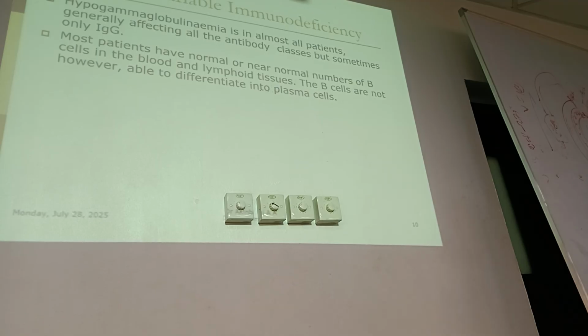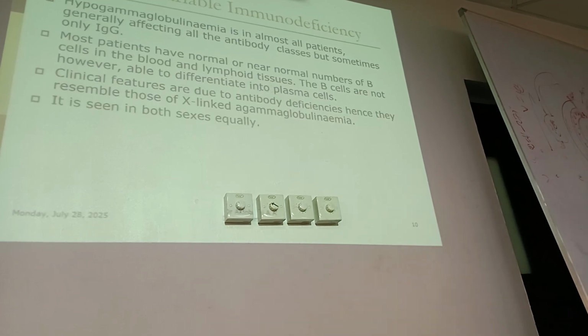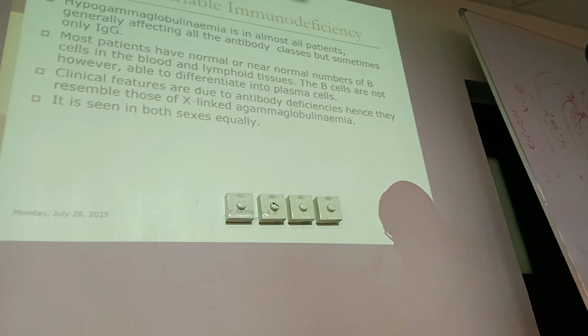Most patients have normal or near normal numbers of B cells in the blood and lymphoid tissue, but the B cells are not able to differentiate into plasma cells. So the clinical features are due to antibody deficiency, hence they resemble those of X-linked agammaglobulinemia, but this is not X-linked. So it's seen in both male and female. Both sexes are equally affected.